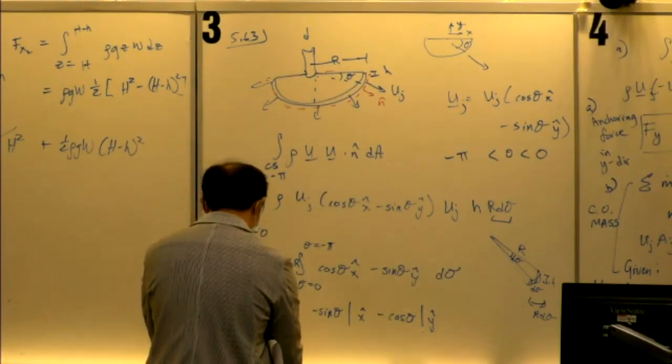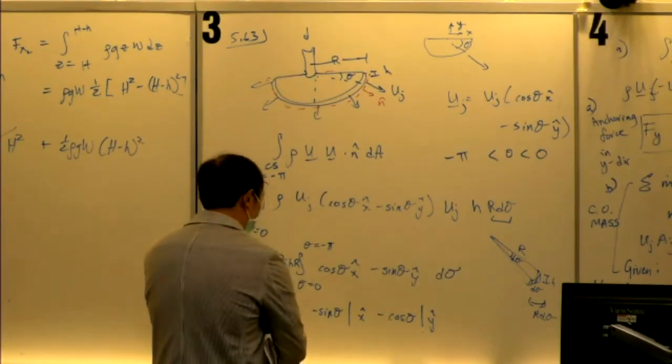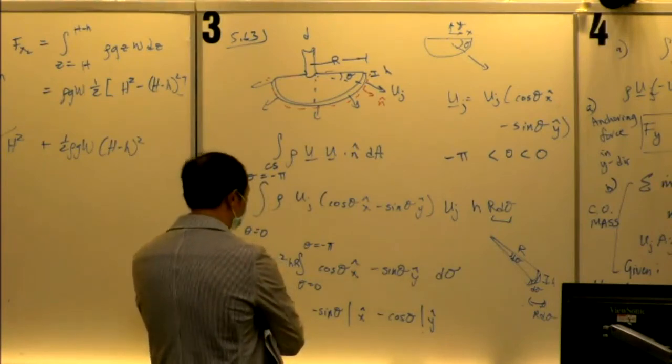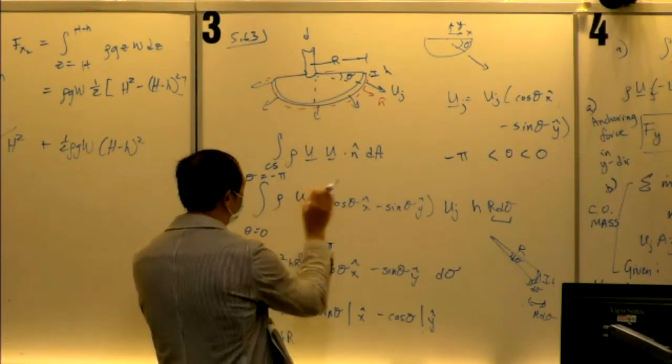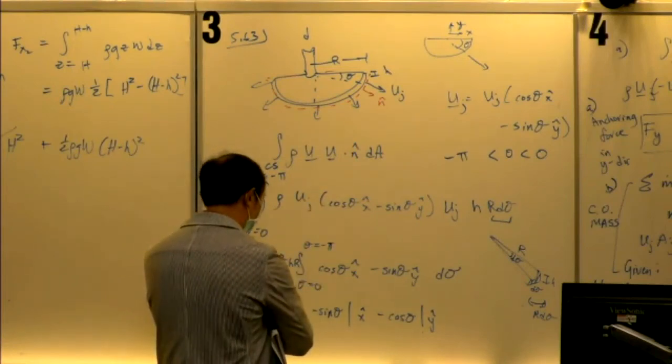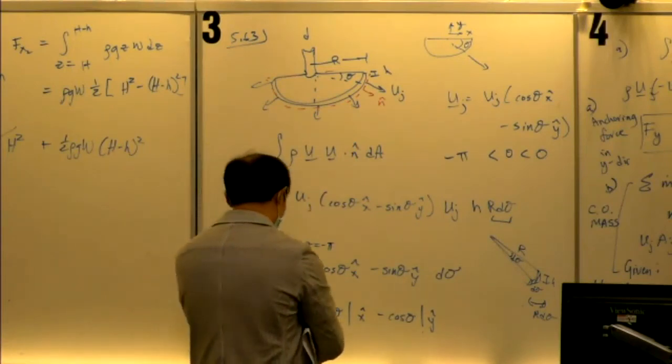Rho uj squared h r. The y's should be canceling. Sorry, no. The x's should be canceling because they're equal and opposite. I'm pretty sure that's the case. And the y's should be like double or something like that.